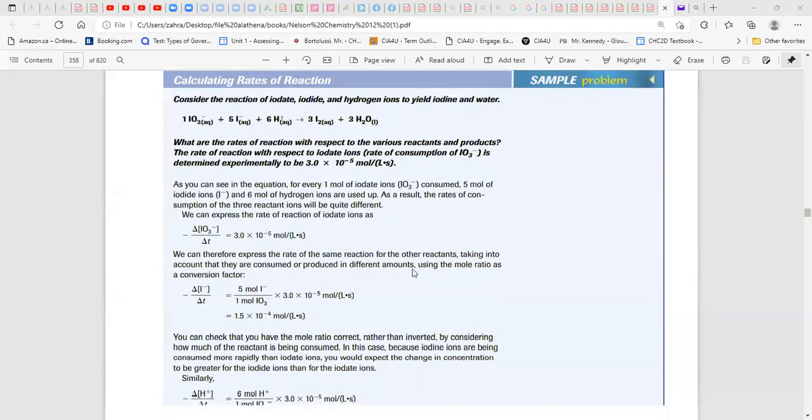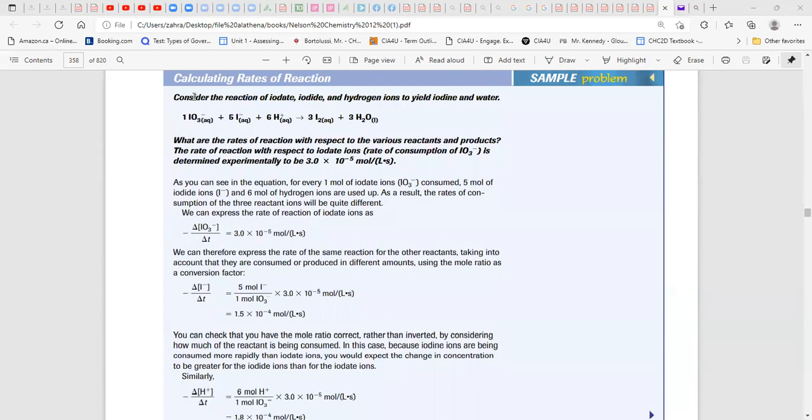Okay, look at this example. Consider the reaction of iodate and hydrogen ion to yield iodine and water. This is the reaction we have. What are the rates of reaction with respect to various reactants and products? The rate of reaction with respect to the iodate ion, which is this one, is given to you.